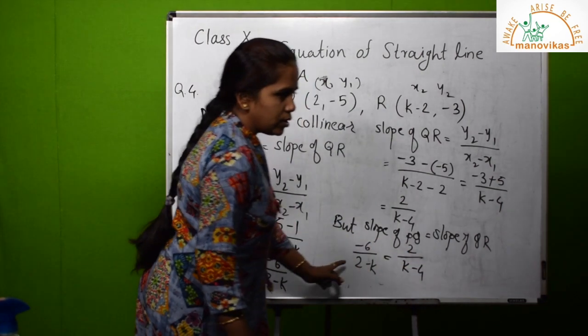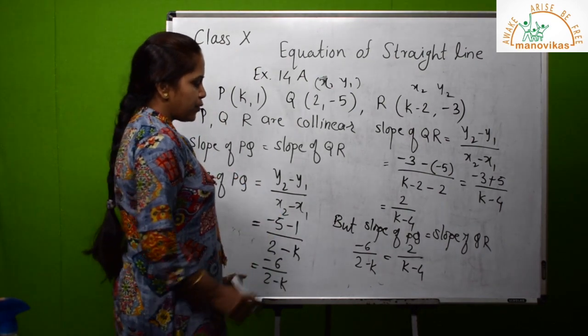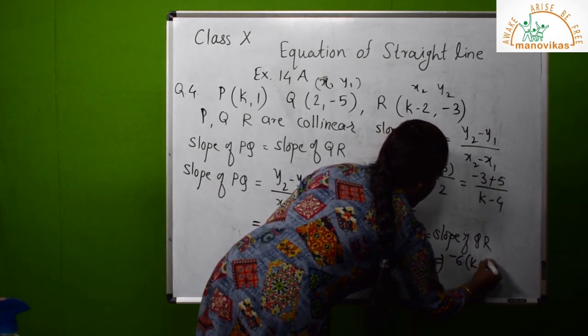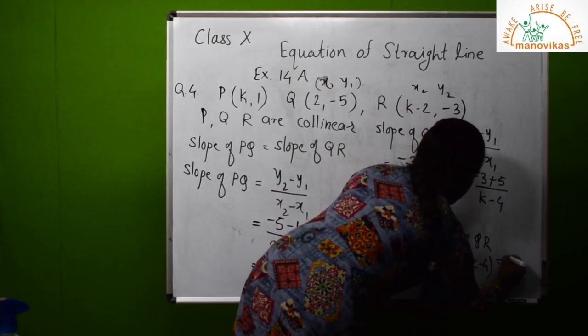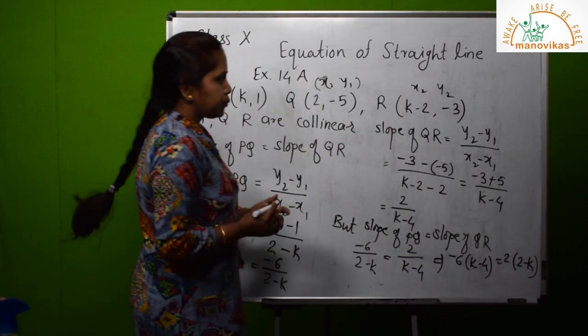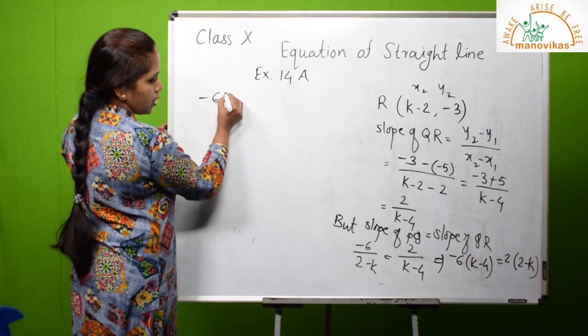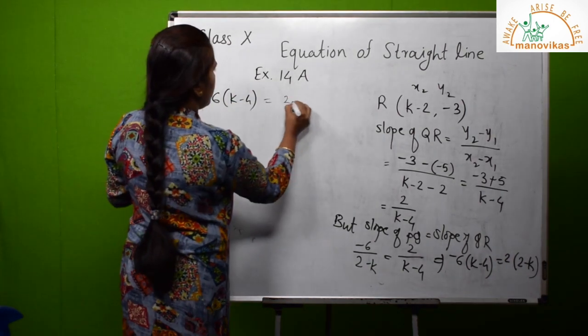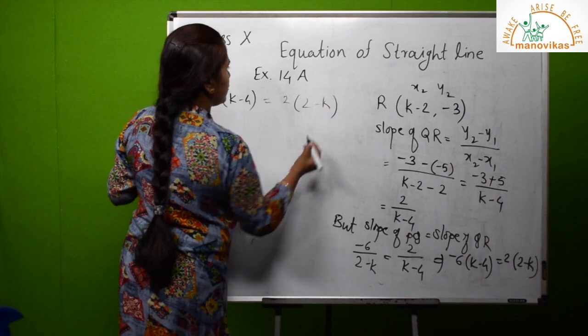Now simplify this and find the value of k. For that, minus 6 into k minus 4 is equal to 2 into 2 minus k.